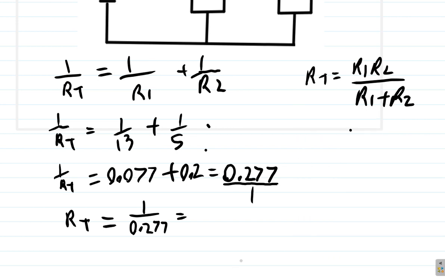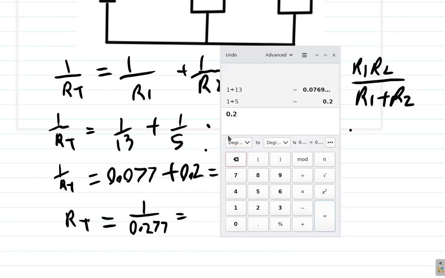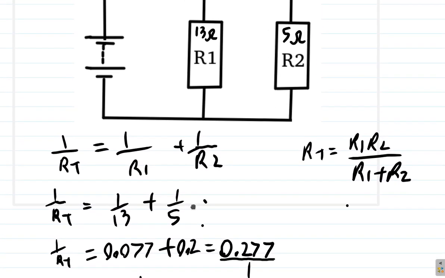Let's find out. 1 over 0.277 is equal to 3.61 ohms. So we have 3.61 ohms. Now, that's RT.